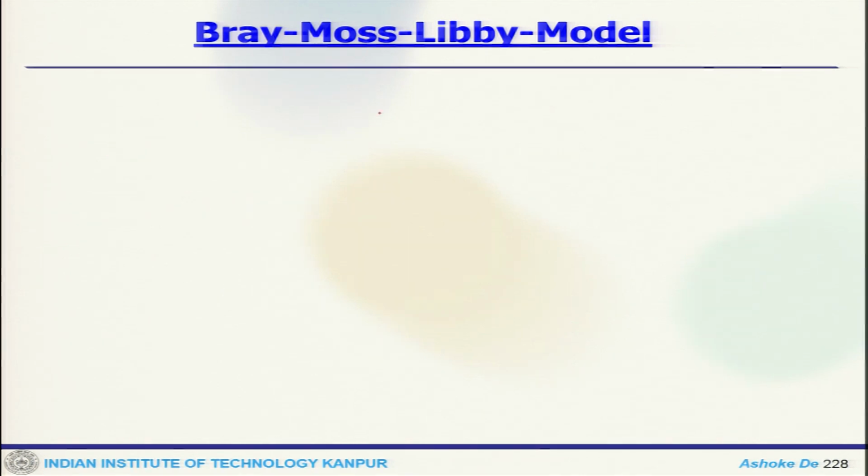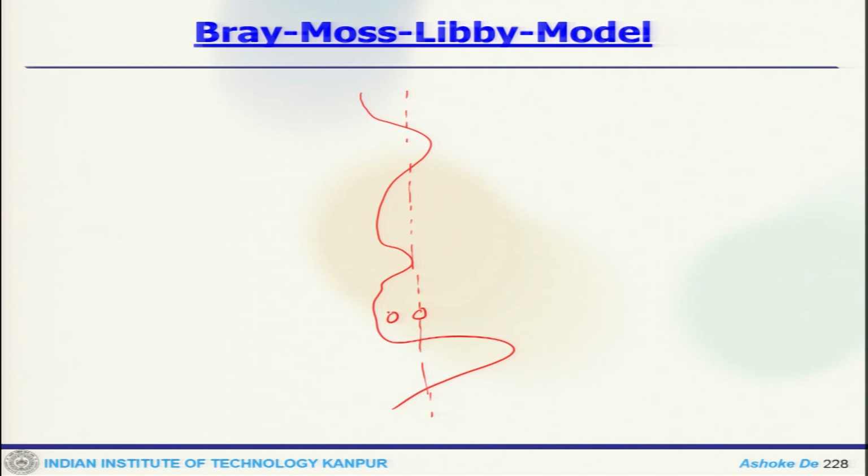So, now if your instantaneous flame front goes like this, then I can draw some line here where you can have this one position like this. This is my mean flame front.